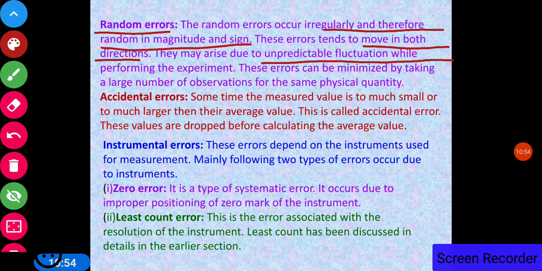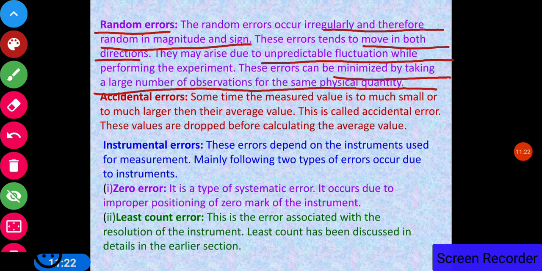For example, when you are measuring the voltage and there are sudden fluctuations, when you are doing the Ohm's law experiment, and you are measuring the current and the value of voltage, they may vary. So these errors can occur randomly. These errors can be minimized by taking a large number of observations of the same physical quantity.